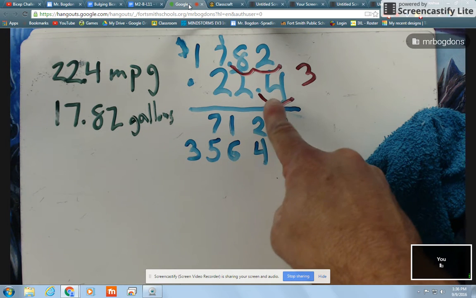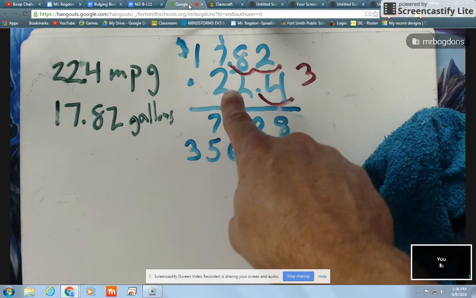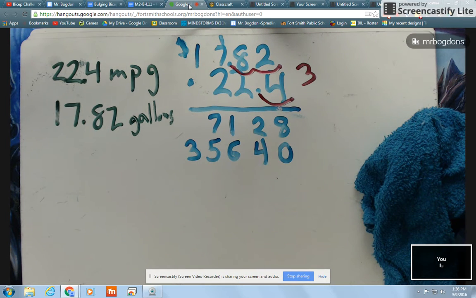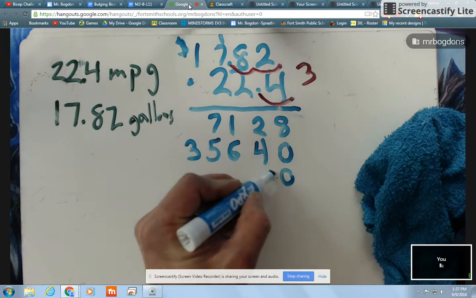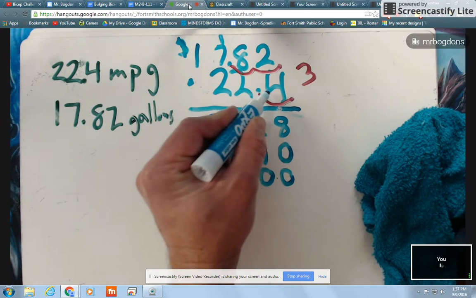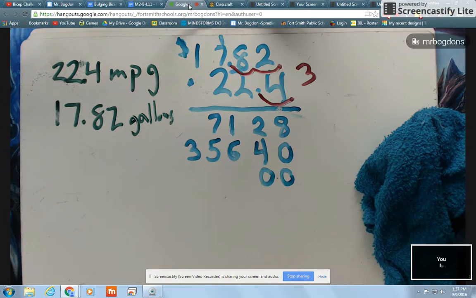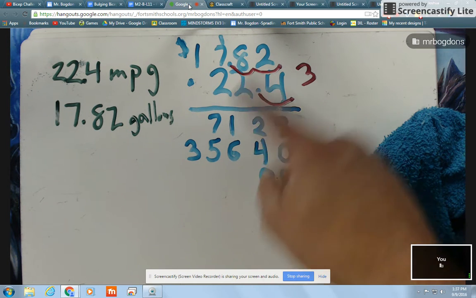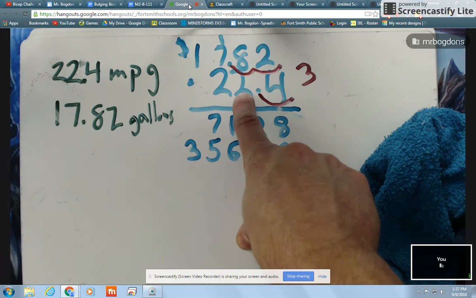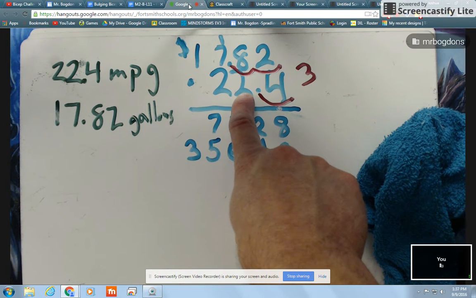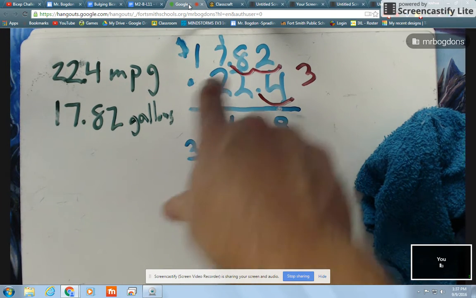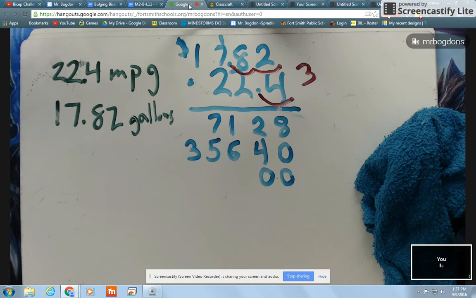Now I'm done with my ones place. I'm done with my tens place. Now what can I write? 2 zeros. Why? Because 100 has 2 zeros. I'm 1, 2 places over. Now, again, let's be strategic with this. Do I need to go back and actually do all the same math? Or did I just multiply by 2, didn't I? So if I multiply the exact same number by 2, will my answer be any different?